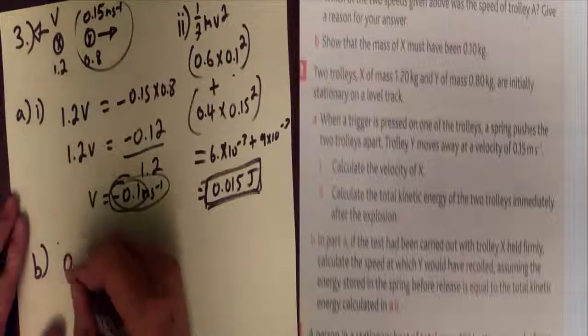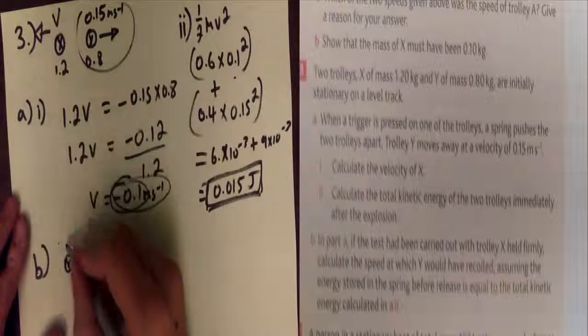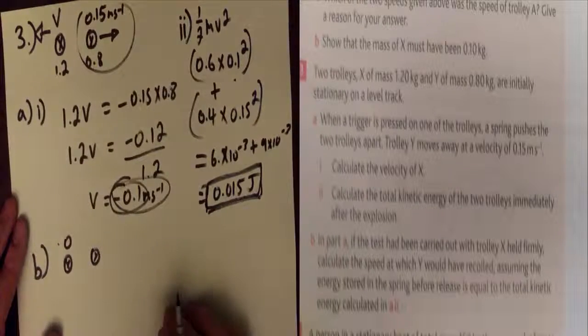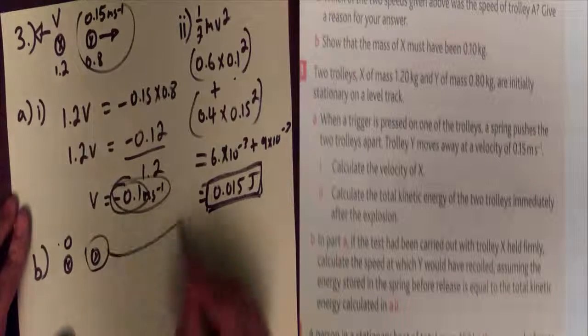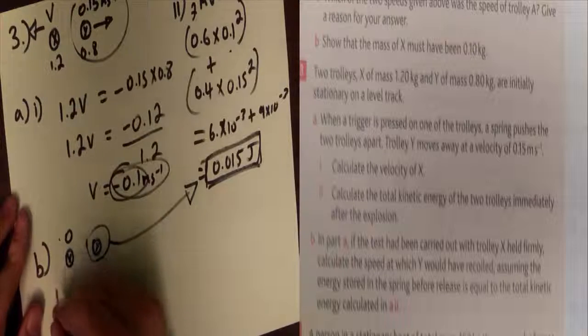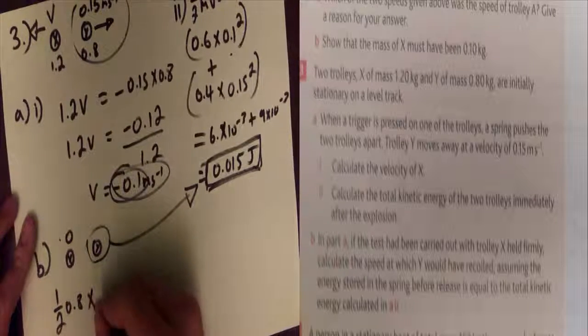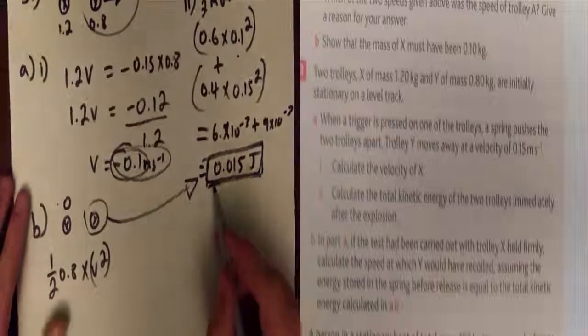Now, if we draw this again, this is X, this is Y. If this didn't move at all, it would have a kinetic energy of 0, which would mean Y would get all of the energy. So, we're looking for V. If we use half mass, we know is 0.8, times V squared, and we know that it gets all the kinetic energy.